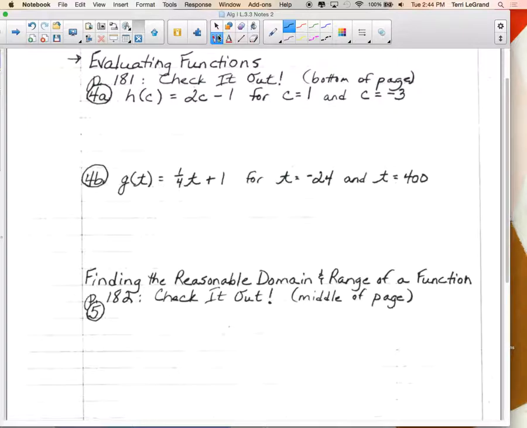What is the independent variable? C. C is our independent variable. It's our input value. It's like our x. So the c's would make up the domain in this case rather than the x's would, because c is the independent variable, c is the input variable in this one. So we have function h, where c is the independent variable.